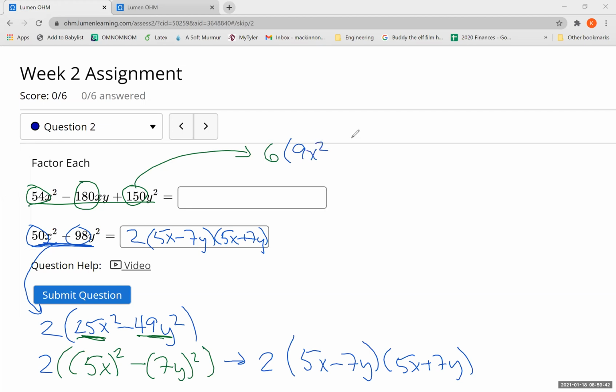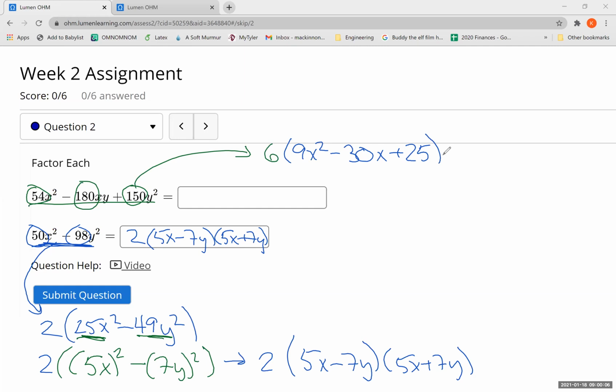So we get 9x squared minus 30x plus 25. And that's actually as good as it's going to get.